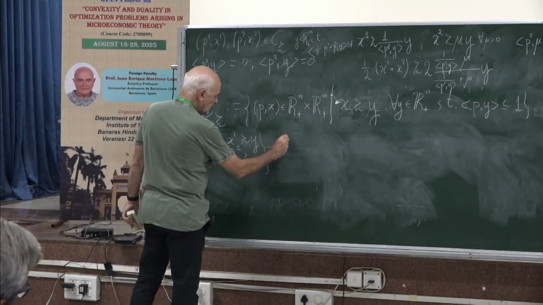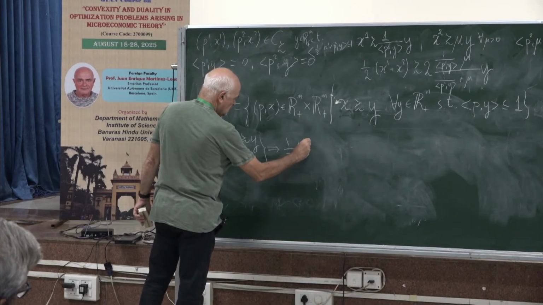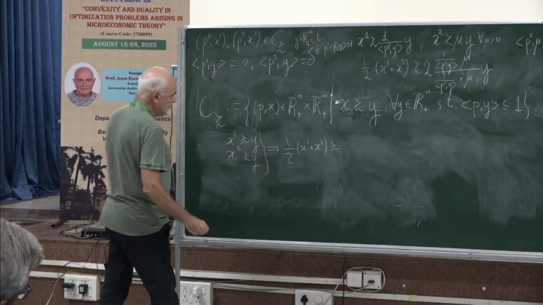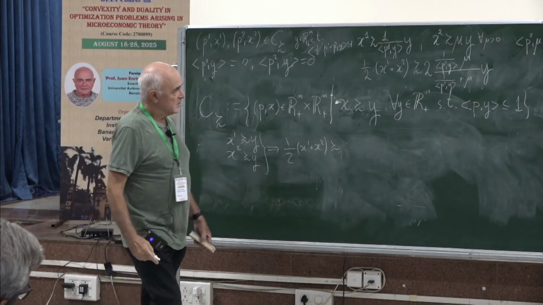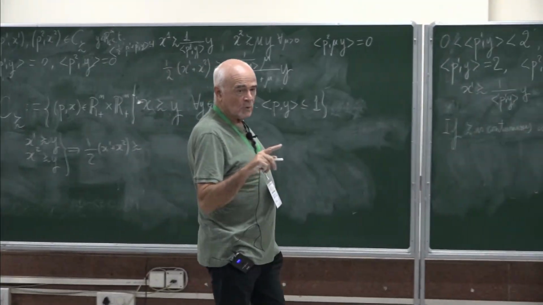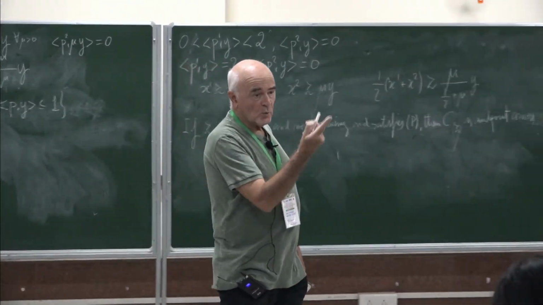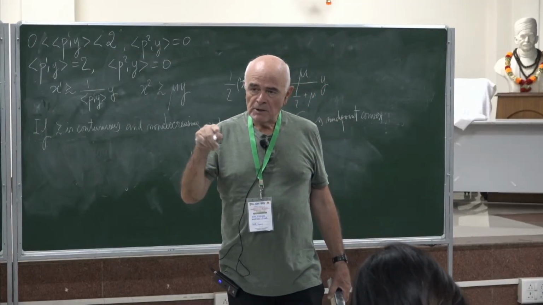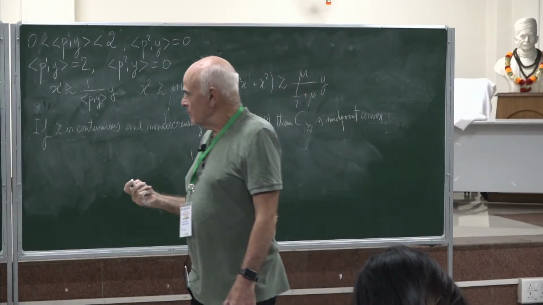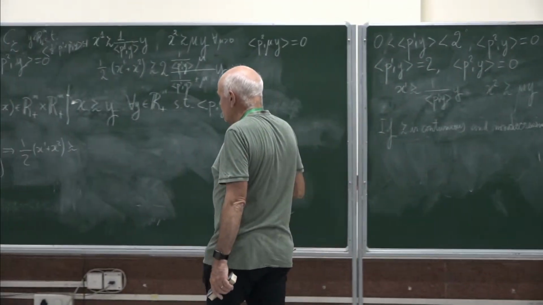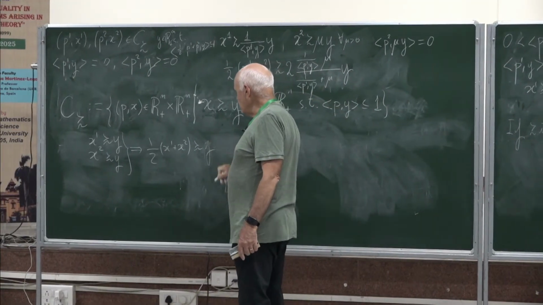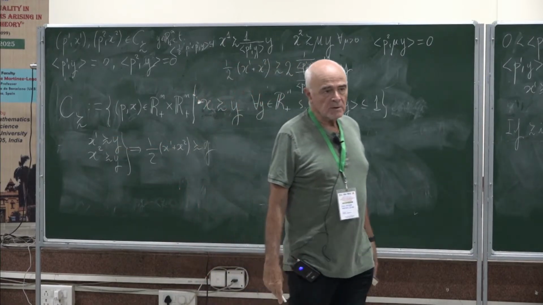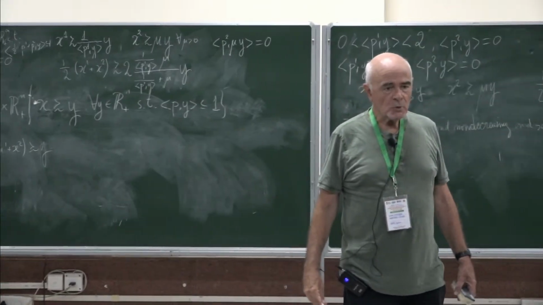Then 1/2 x1 plus x2 is preferred to, for lambda and mu equal to 1, we get 1. That coefficient, lambda mu divided by lambda plus mu, is 1. So I directly get, without playing with any lambda and any mu, just lambda and mu equal 1 do the job. I obtain the conclusion.